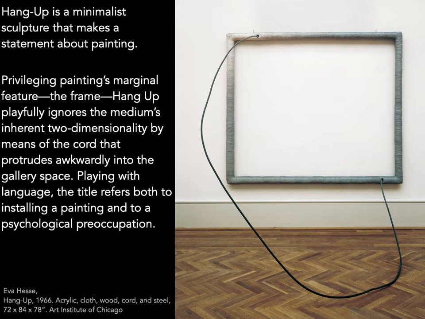And so she's making a very strong statement about painting, right? And how the painting is not interesting, right? The canvas isn't interesting. There's no point in looking at the canvas. We're not interested in that anymore.